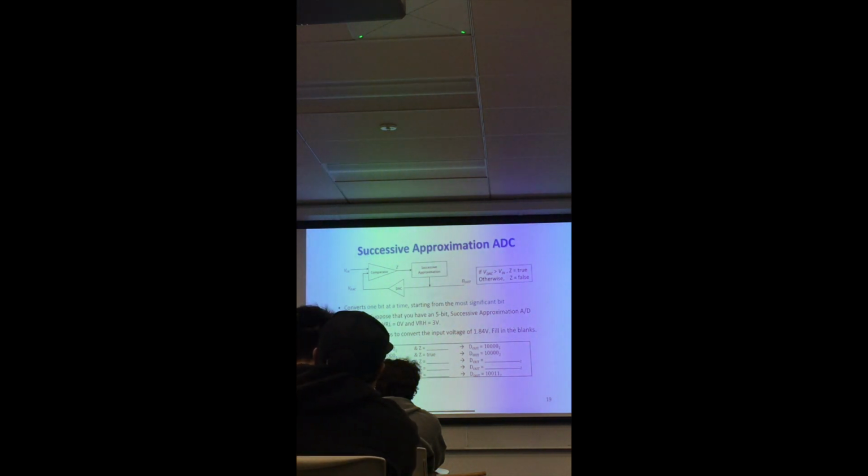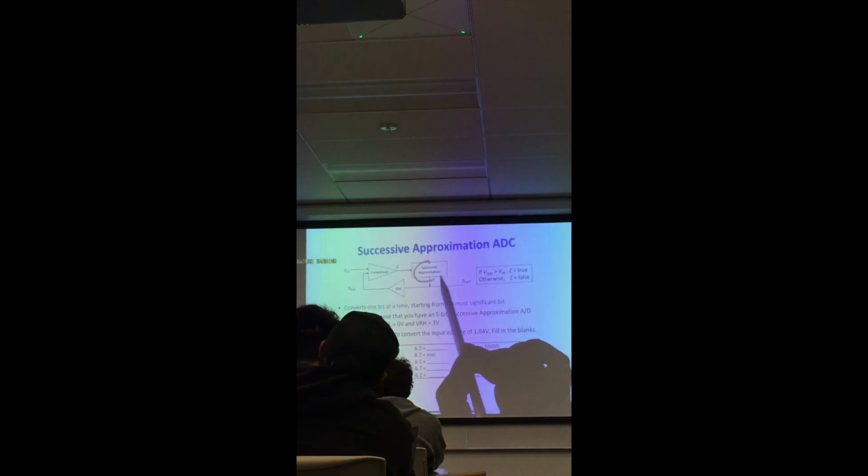So what is the successive approximation? We start from the most significant bit. We set it to 0 or 1, right? We have an input which doesn't change, all right? We have a controller which is doing all this successive approximation.